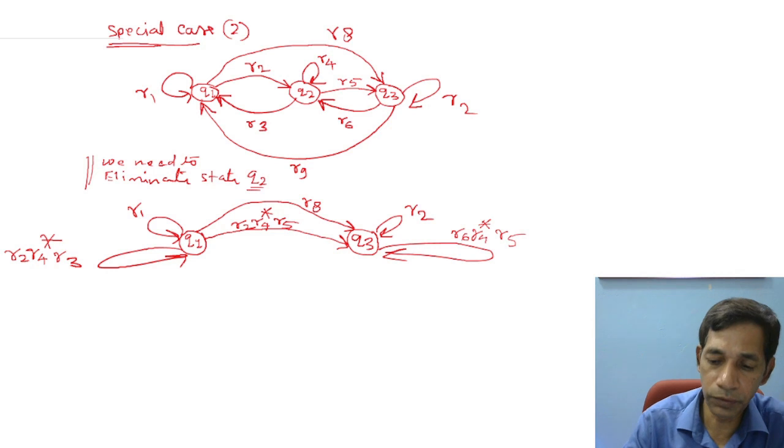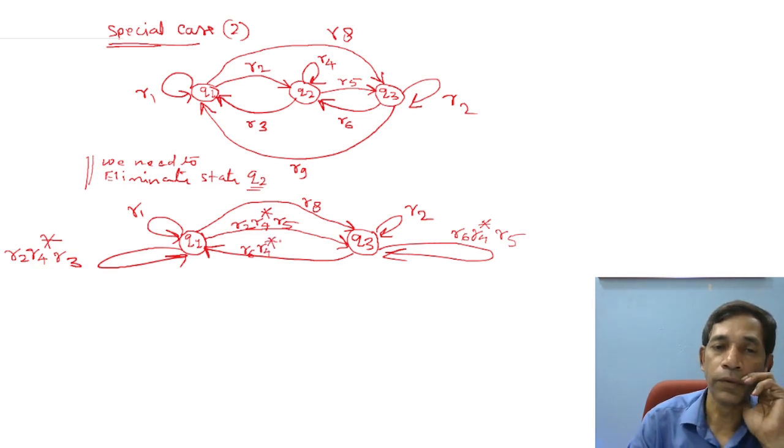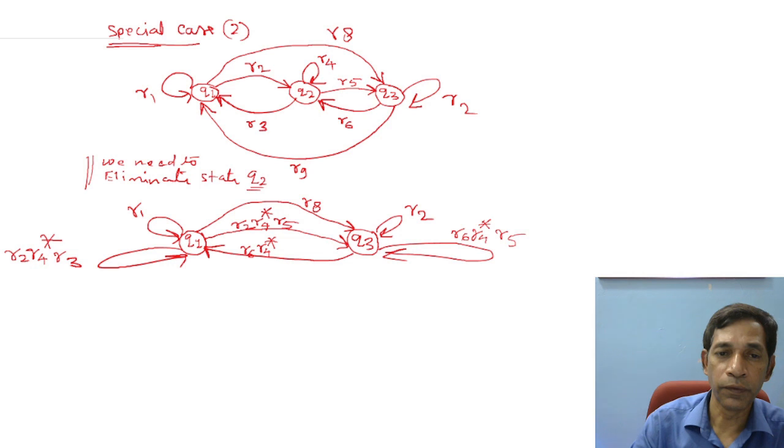You can see that you are at the state Q3, and you should have the direct path from Q3 to Q1. What is the regular expression? You have R6, then R4 Kleene star, then for R3 you are going to the state Q1.